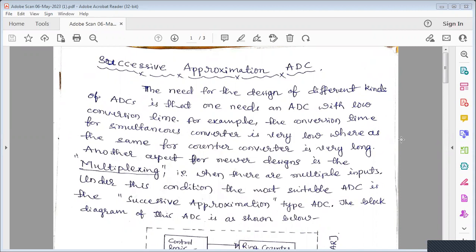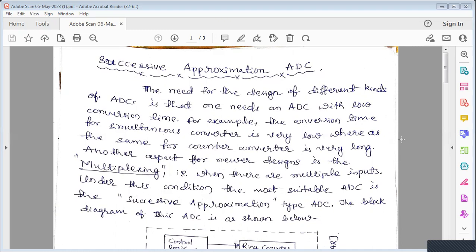The need for the design of different kinds of ADC is that one needs an ADC with low conversion time. So conversion time is an important factor that has to be taken care of while designing or selecting an ADC. The conversion time means how much time is taken by the circuit to convert an analog signal into a digital signal. That is called the conversion time.